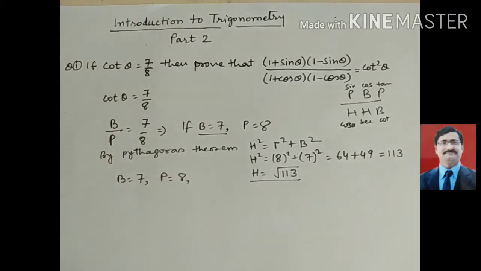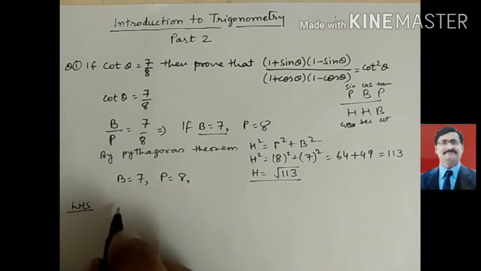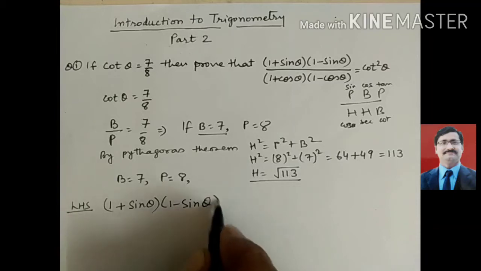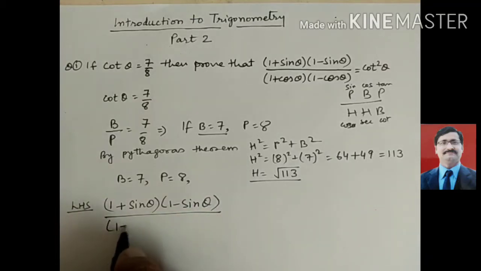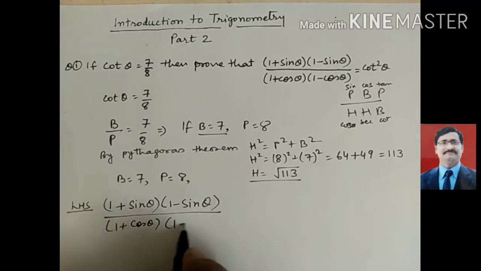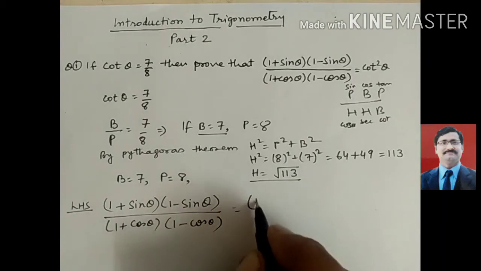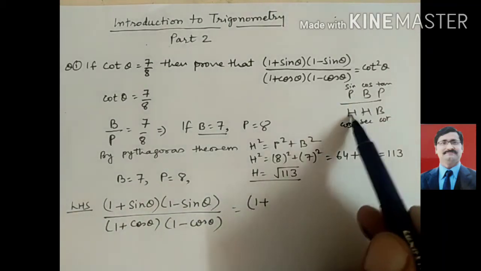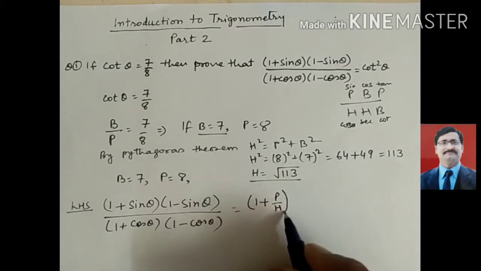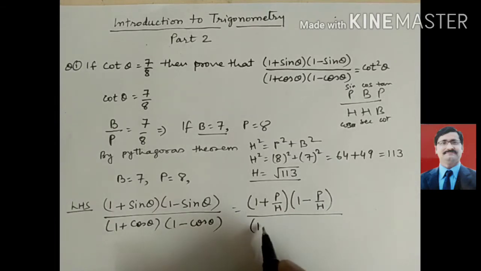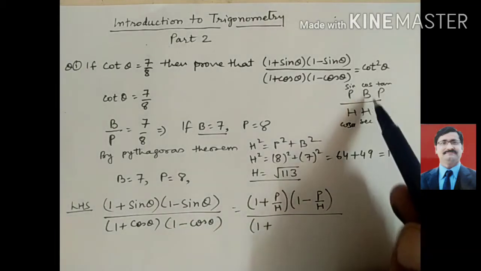Now the left hand side is (1 plus sin theta)(1 minus sin theta) upon (1 plus cos theta)(1 minus cos theta). Here you have to put the values. Sin theta is perpendicular upon hypotenuse, and cos theta is base upon hypotenuse.